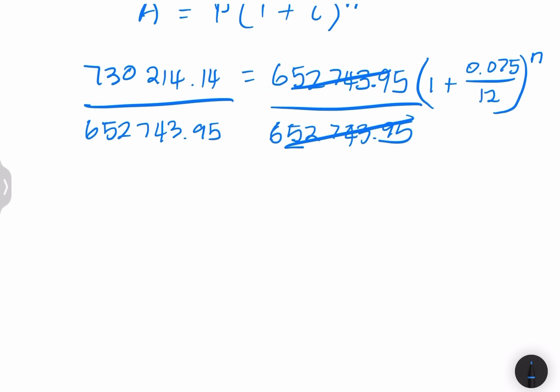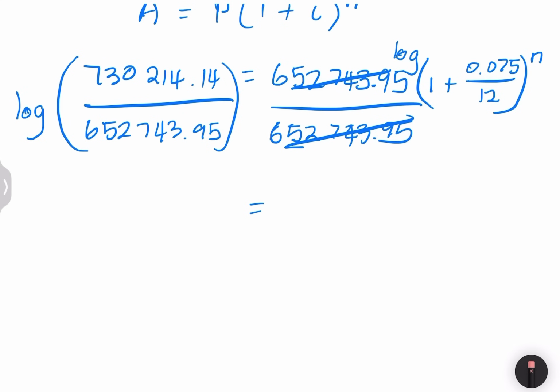And I want you to note that I would now take the log on both sides. So I'll take the log of that entire thing over there, and I'm going to introduce the log of this. This is me just being lazy.